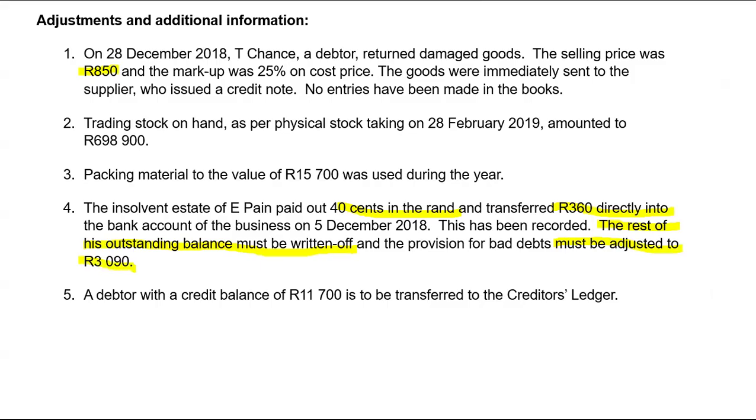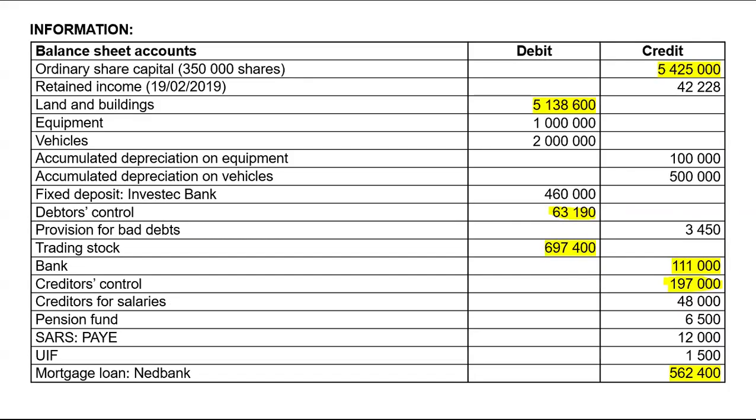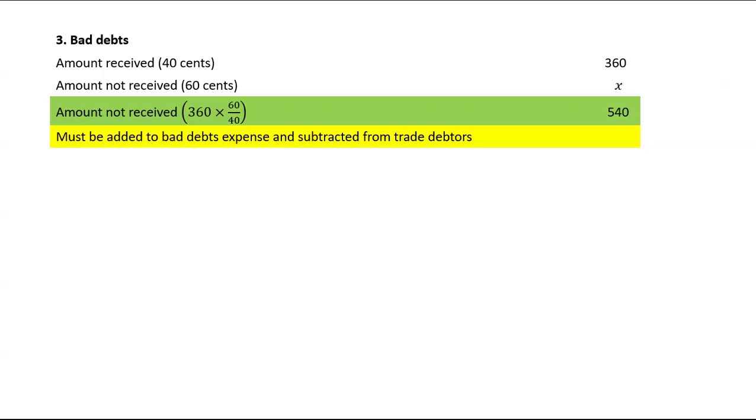I am going to compare this provision that was calculated in the current year to the provision that was calculated in the previous year, which was 3,450. You'll realize that last year's provision was greater than this year's provision, meaning that our provision for bad debts has gone down. Remember, provision for bad debts is an estimate of future bad debts. So we want it to go down.